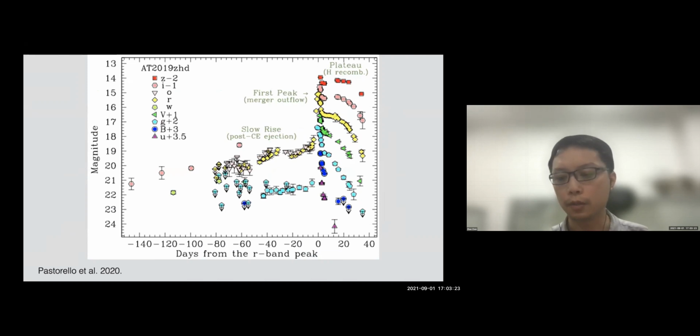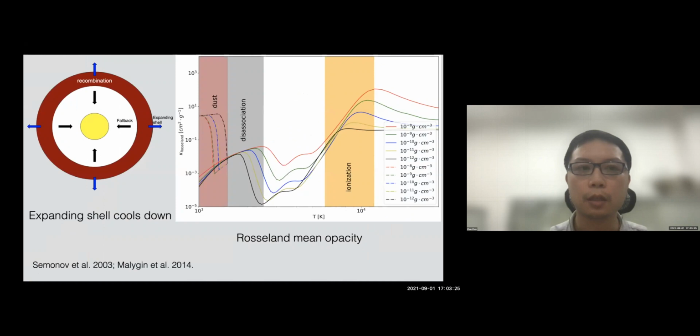Given this information, we model our one-dimensional radiation hydrodynamic model as an expanding shell or ejecta. It is expanding, so as it cools, the hydrogen inside it is recombining.